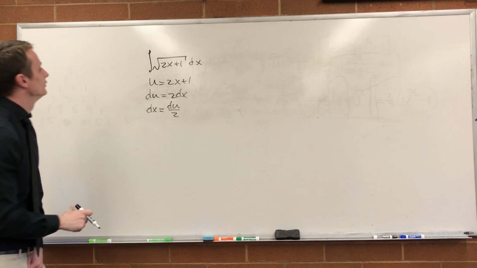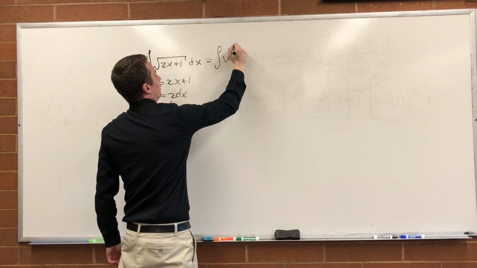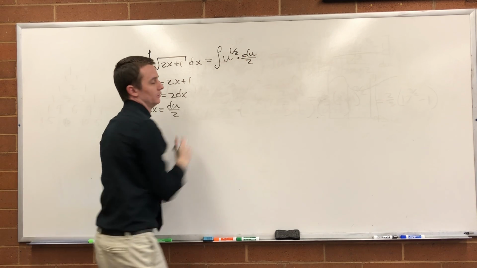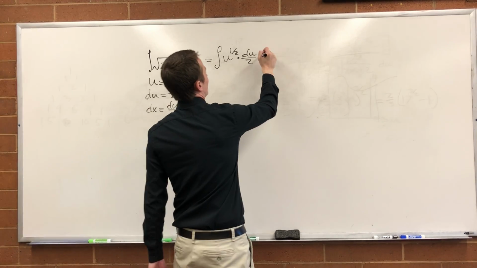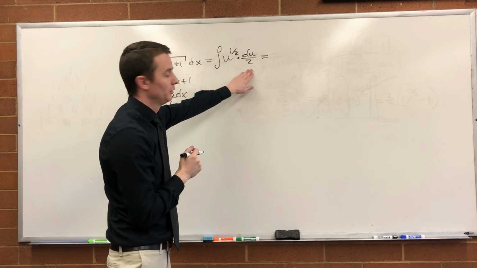So this is equal to the integral of u to the 1/2 times du over 2. Now we can calculate that integral. The 1/2 is just a constant, so we could have pulled that out.